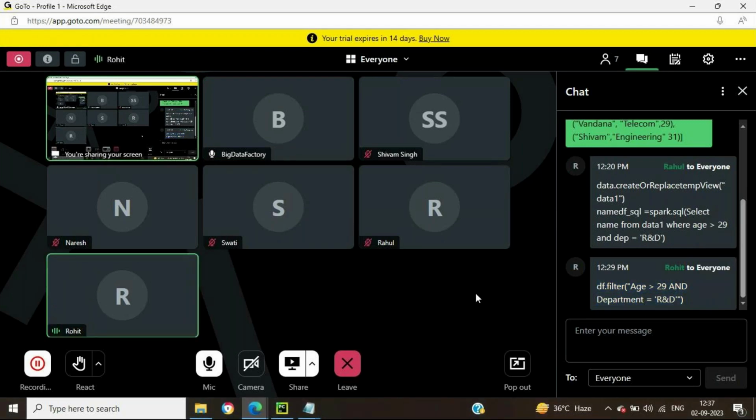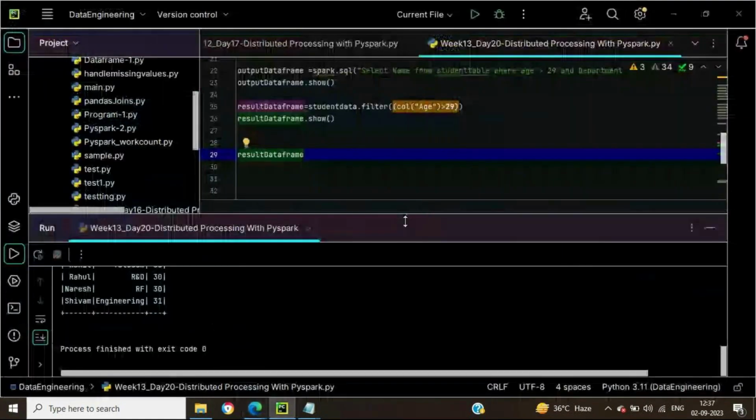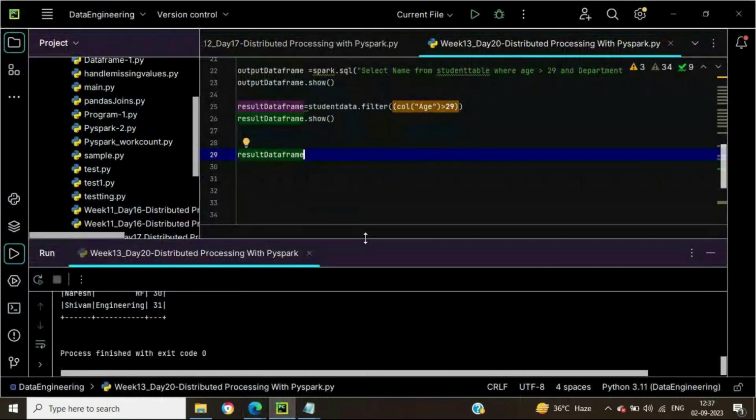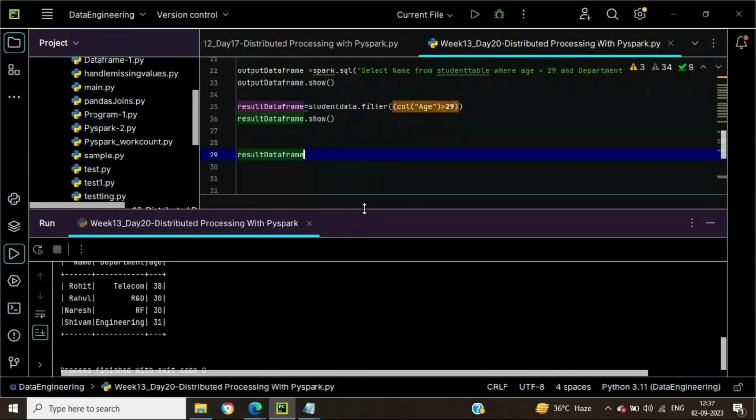That will not work. So now you need to tell me the code to write it in Parquet format on disk.